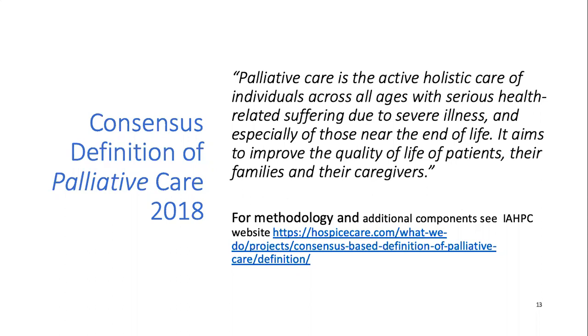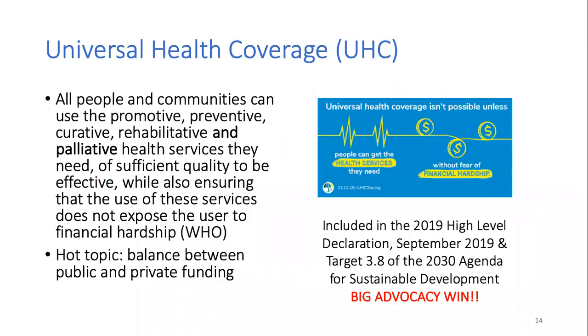It aims to improve the quality of life of patients, their families, and their caregivers. There are several other components to the definition, and if you want to read those and look at the methodology behind that definition, please see our website.